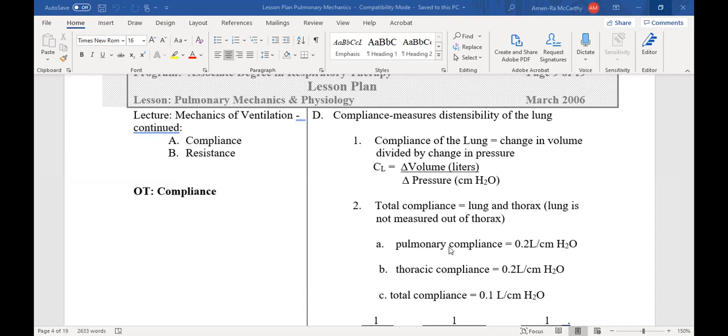People who are supposed to take certain medication regimens at home, they ask them, are you compliant with your meds, right? That means I'm taking them every day, I'm taking them on time. If I don't ever take them, I'm non-compliant. So simply, compliance means, will the lungs do what you want them to do or not? If they won't do it, it has a low compliance. If they'll do whatever you want them to do, they have a high compliance. Okay?